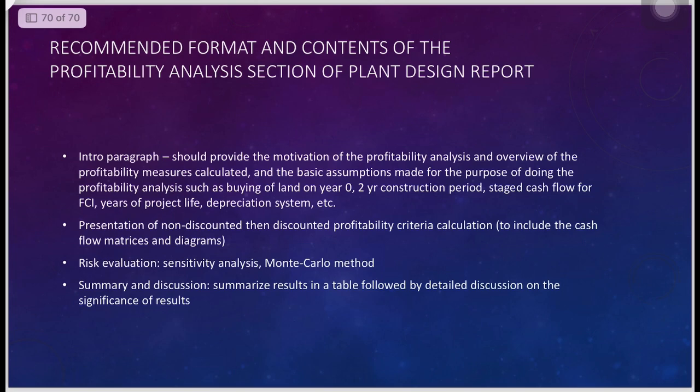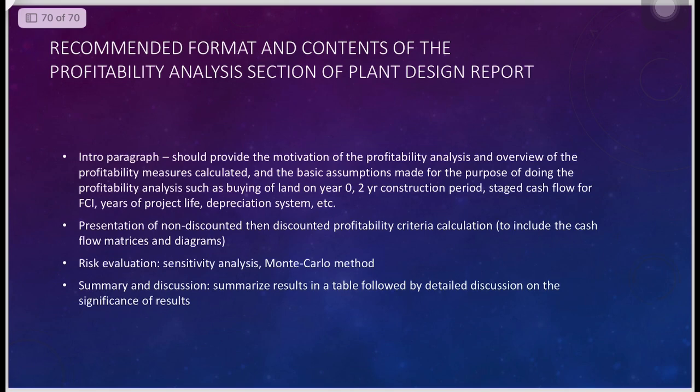And then all of the calculations or the criteria should have an explanation. Okay, so what does the criterion mean? So what does the result mean? Okay. And then for risk evaluation, you have to do the sensitivity analysis and the Monte Carlo method. And then also provide a detailed explanation.